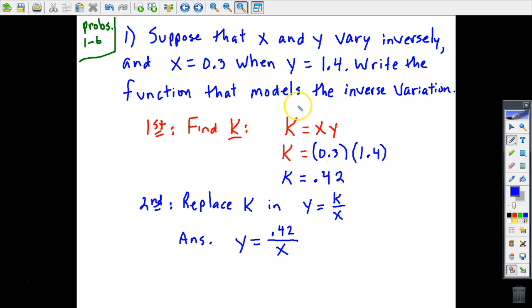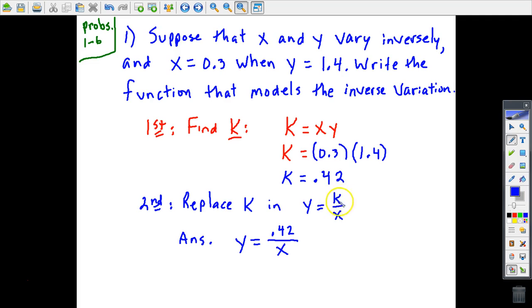So your first step is to find out what k is. For inverse variation, we find k by multiplying our x, y values together, and that's pictured here. So I found out what k is. K is 0.42. Now remember what inverse variation looks like with variables. So really, it's a pretty easy job.